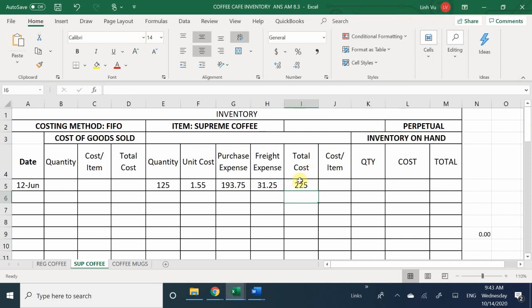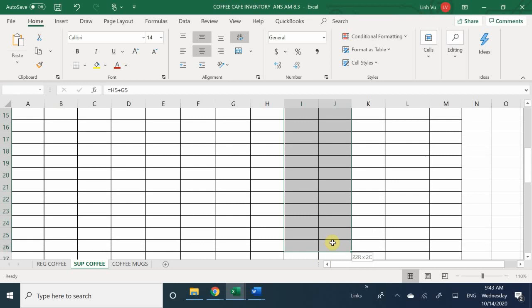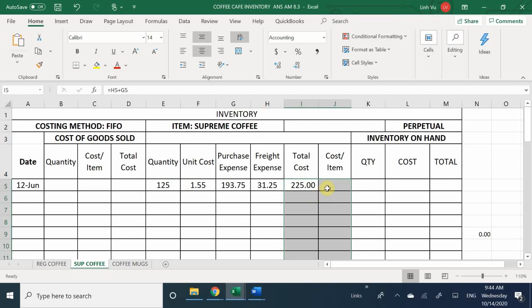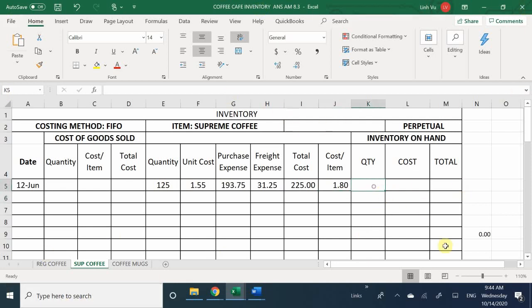Okay. So what's my cost per item going to be? $1.80 even? Yep. Okay. So we're going to take our 225 and divide it by 125 to get us $1.80. And same thing, because we are doing perpetual inventory, go ahead and move it across into the inventory on hand.